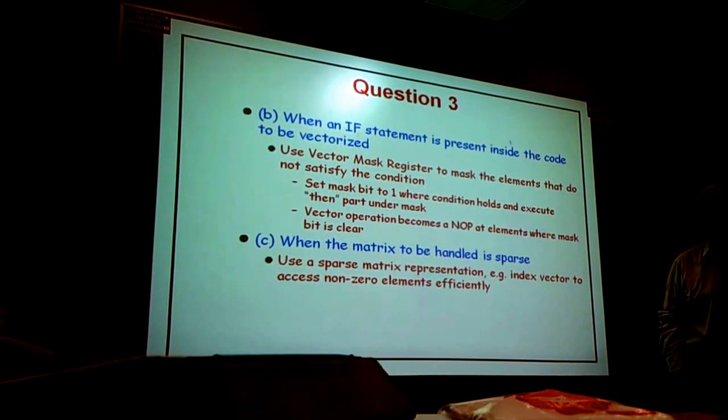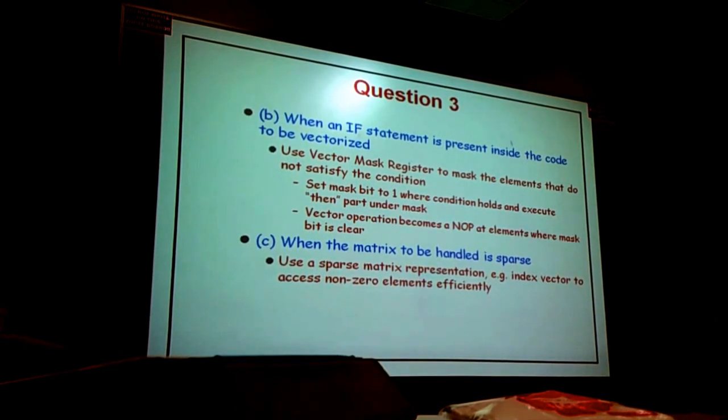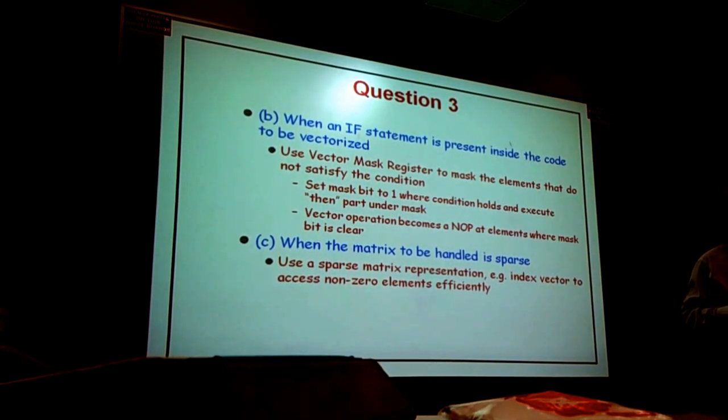One example of a sparse matrix representation is to use an index vector. With this way of representing a matrix, instead of holding all of the elements of the matrix, you only hold the non-zero elements, and then you have an index vector, for example, which indicates the position of the first non-zero element in each row.